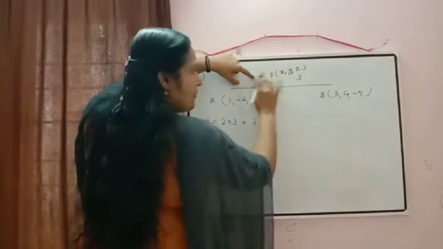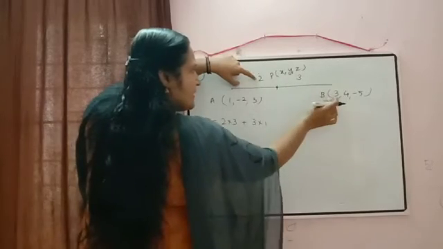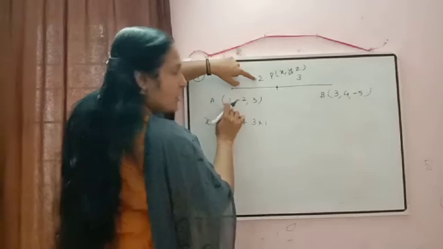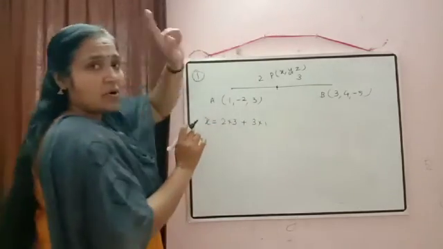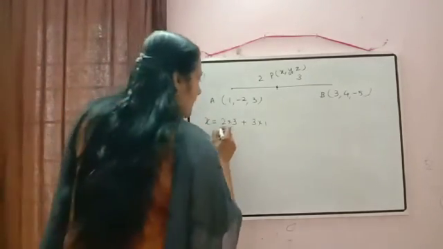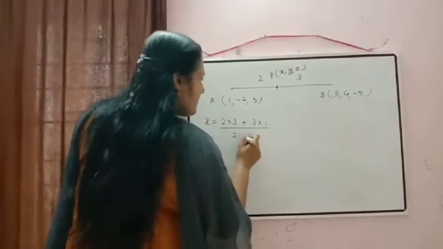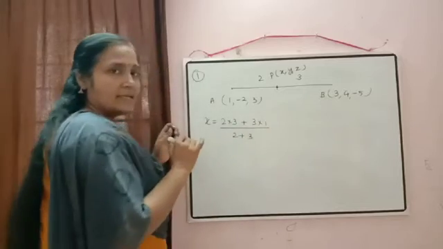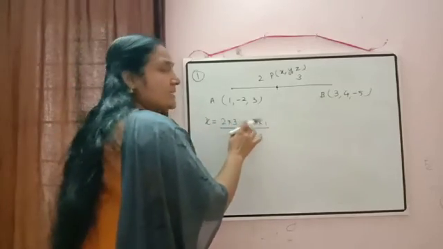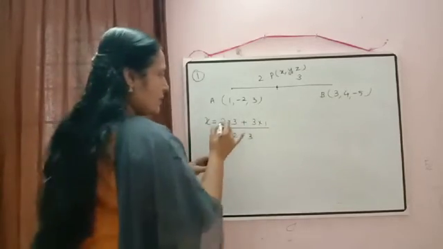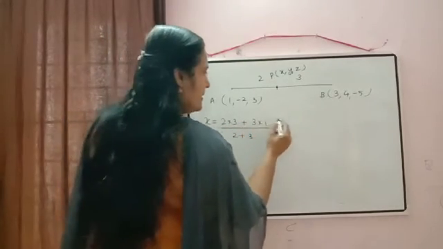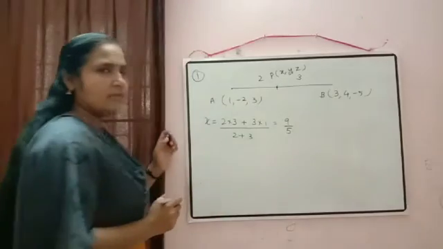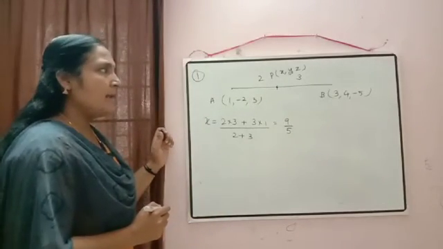Multiply the opposite x coordinate: 2 multiplied by the opposite one, 3 multiplied by the opposite x coordinate when we are calculating the x coordinate of the point P. Don't cancel that 2 and 3 in this way, because they are in addition there. Now 2 threes are 6, 6 plus 3 will be equal to 9. So first x coordinate we got here is 9 by 5.